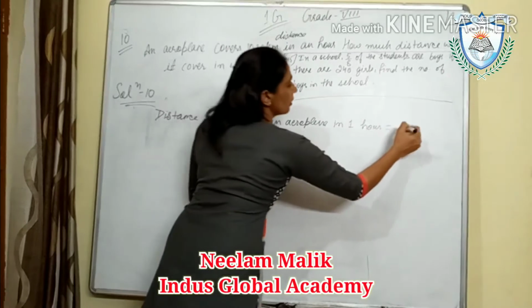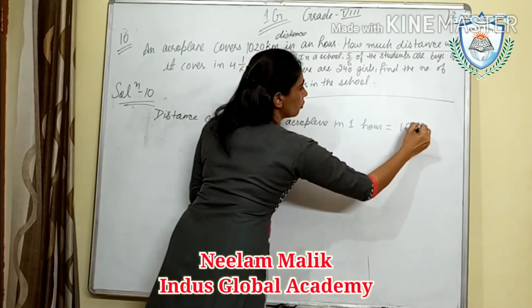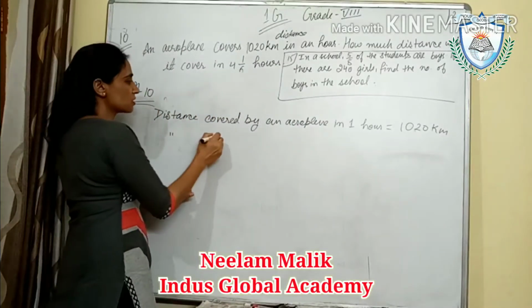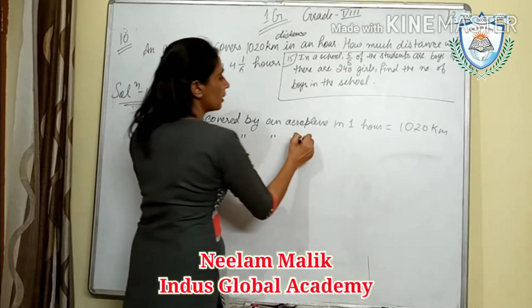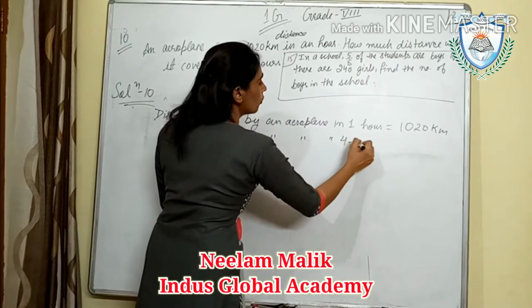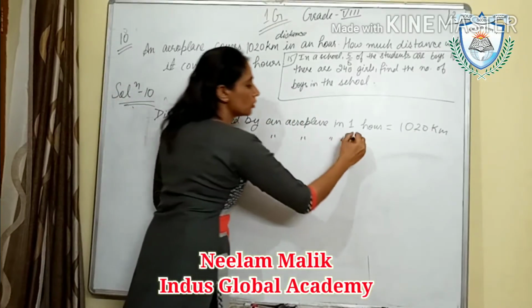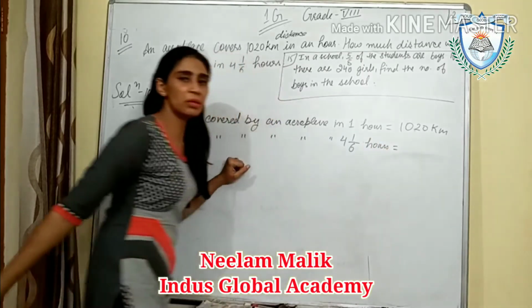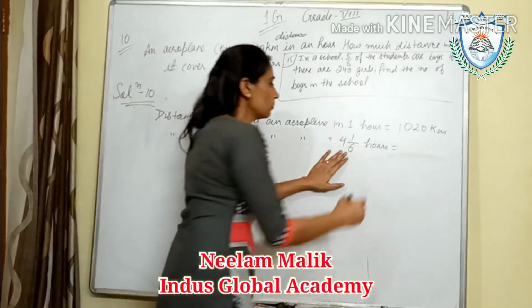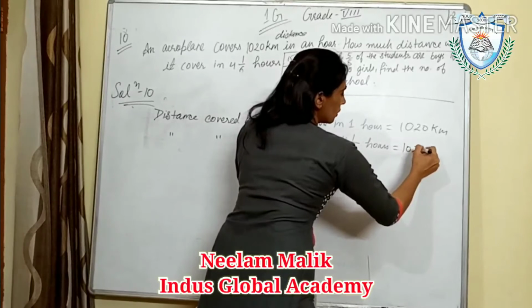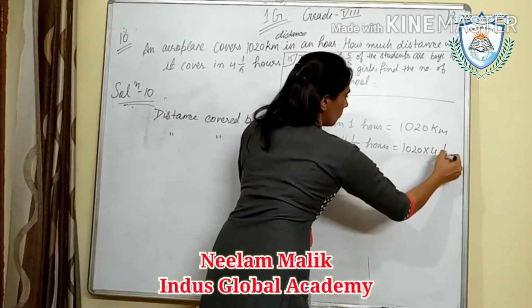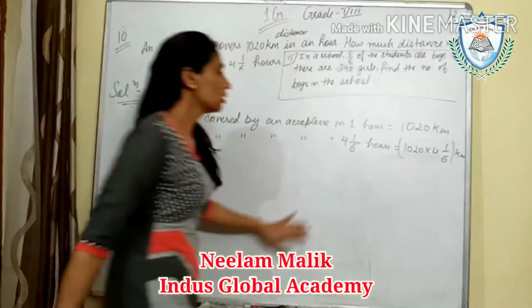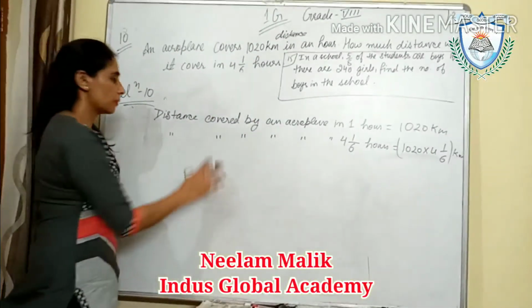That is 1020 kilometer. Now distance covered by an aeroplane in 4 whole 1/6 hours. That will be more, so we will multiply here 1020 into 4 whole 1/6 kilometer. Okay, so now solve that.